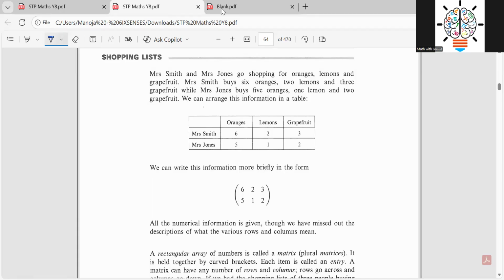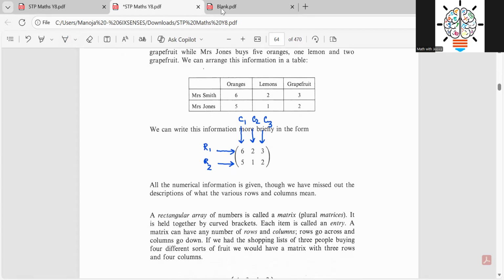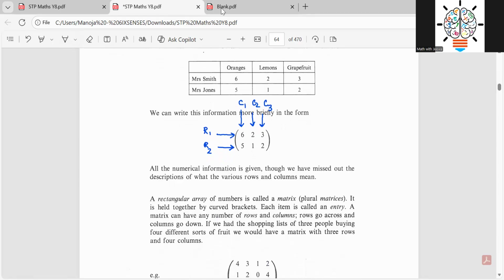This is the first row, which I name row 1, and this is the second row, row 2. This is column 1, this is column 2, and this is column 3. So we have 2 rows and 3 columns.